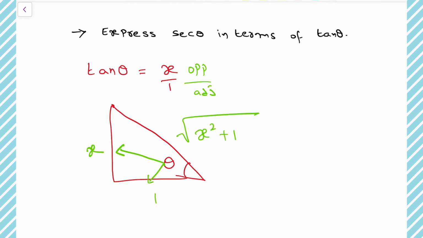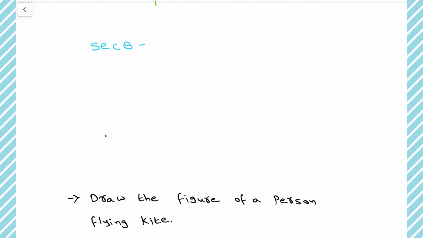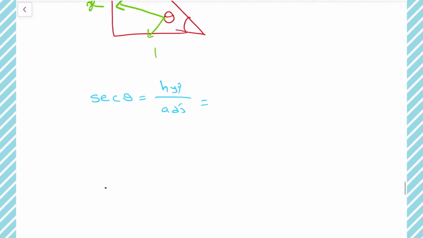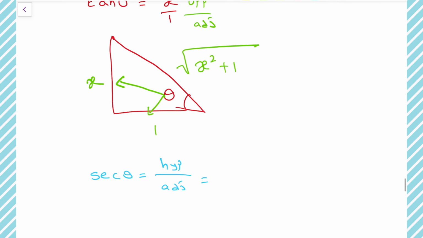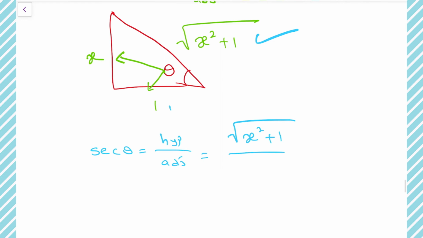Okay, now we need to write the secant theta or sec theta value. What exactly does sec theta or secant theta mean? Hypotenuse by adjacent. So now from the figure, let us write the hypotenuse as well as adjacent. If we observe clearly, hypotenuse is under root x square plus 1, divided by adjacent, which is 1.